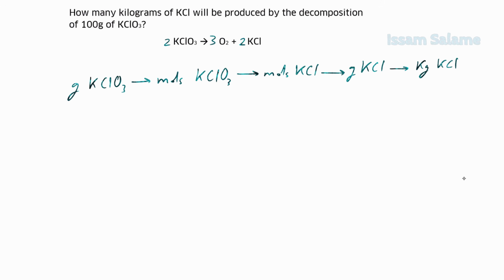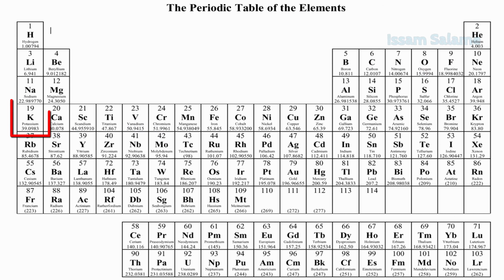So we start with the given 100 grams of potassium chlorate. We multiply it with a fraction. We put grams of potassium chlorate in the denominator and moles of potassium chlorate in the numerator. We put 1 next to the moles, and we get the molar mass from the periodic table. As you can see, the molar mass of potassium to the nearest tenth is 39.1.